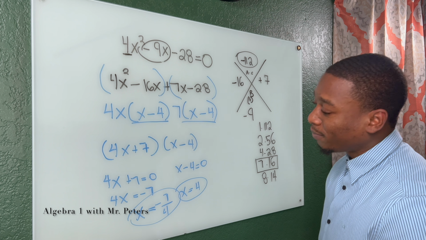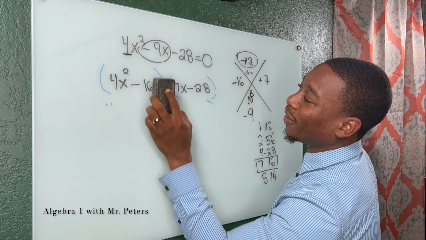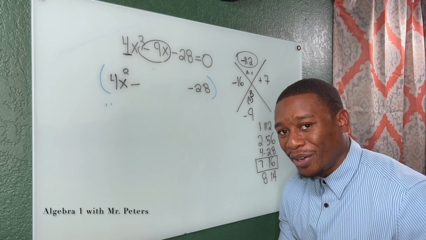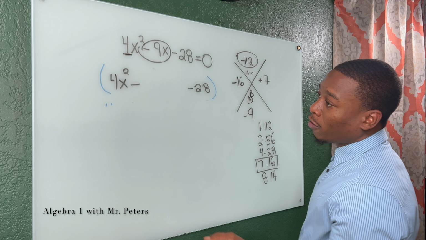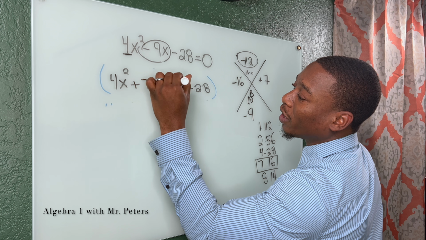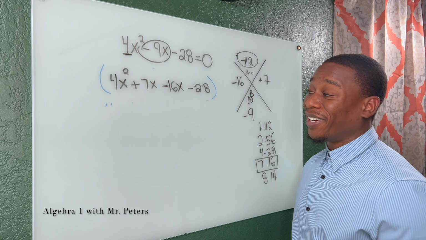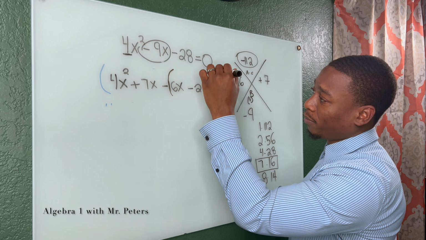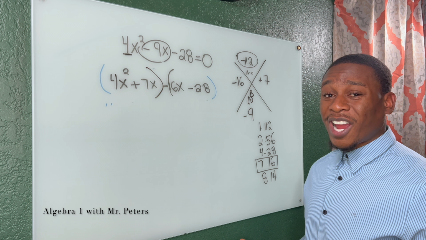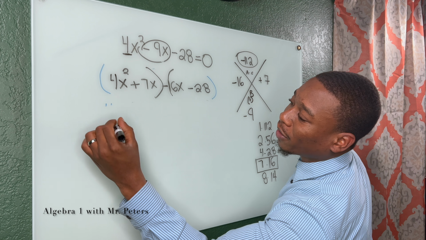So let's say we go back to this step right here, and we rewrote it the other way, meaning positive 7x came first, then it was negative 16x. I'm going to tell you guys it's going to be the same exact answer. Just make sure that when you split your binomials, you leave the subtraction sign out. Greatest common factor, we're going to take out x.